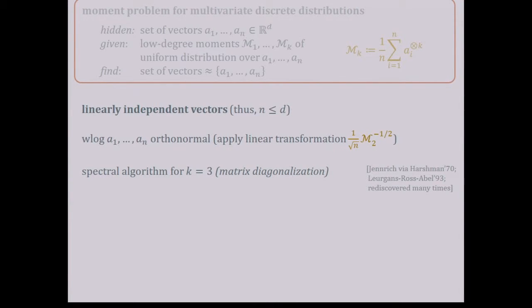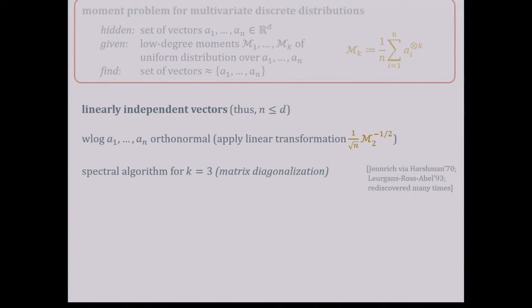The reason is that if you get the first 3 moments, let's say, of this distribution, then the second moment matrix allows you to construct a linear transformation, and this linear transformation orthonormalizes the vectors. So you can just push this linear operation into everything that you observe, and effectively that allows you to assume that the vectors are orthonormal.